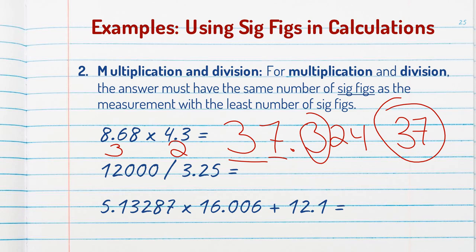All right, so the final one, we see them combined, and we're going to follow the rule of PEMDAS when we do this problem. So we're going to multiply first, use the correct number of sig figs, and then we're going to add or subtract, and then follow the decimal place.